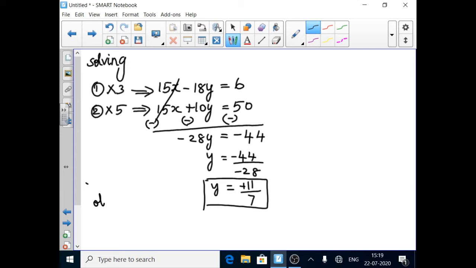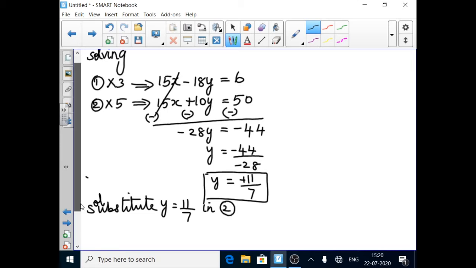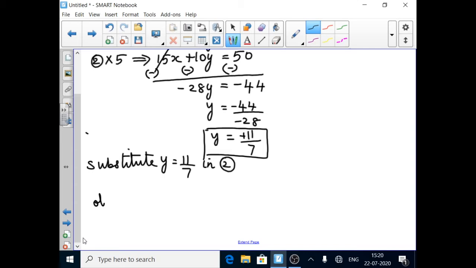Substitute y equal to 11 by 7 in any one of the equations. We take the second equation. Write the equation again: 3x plus 2y is equal to 10.